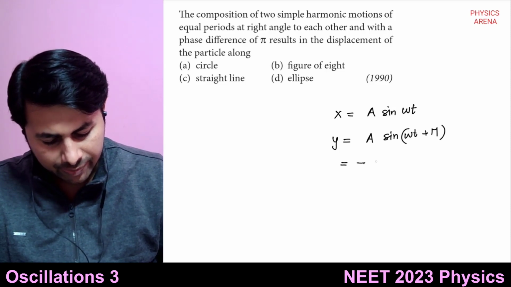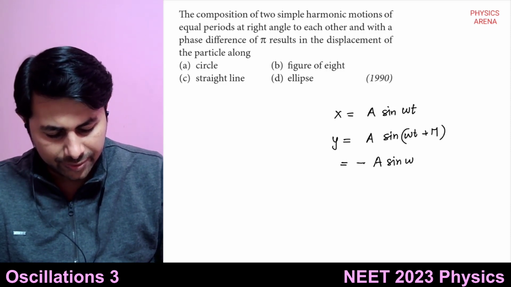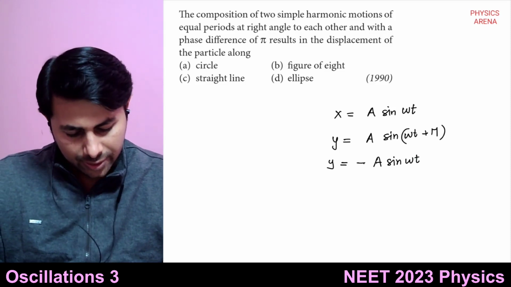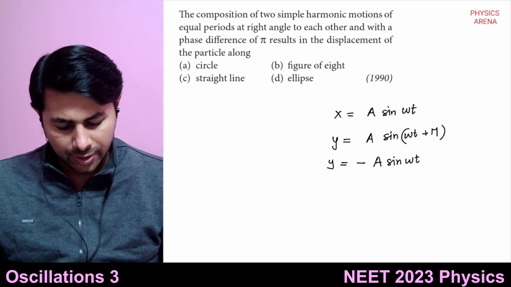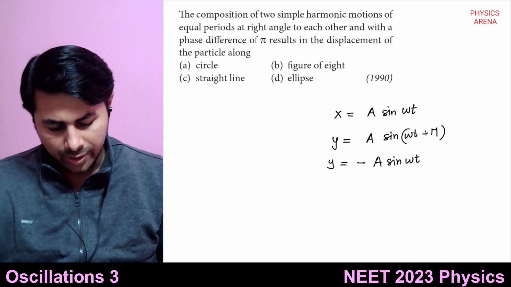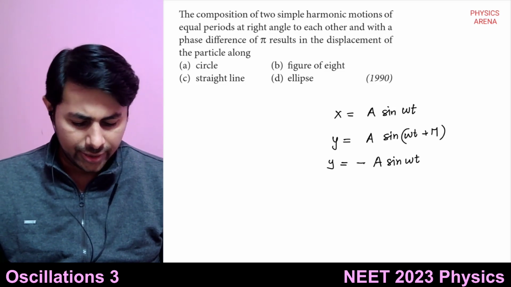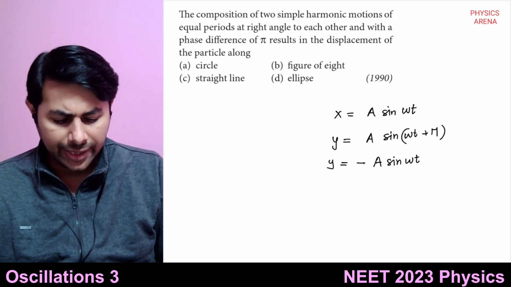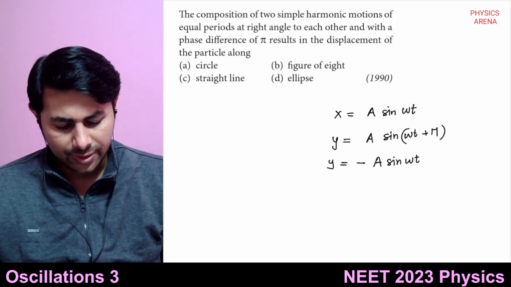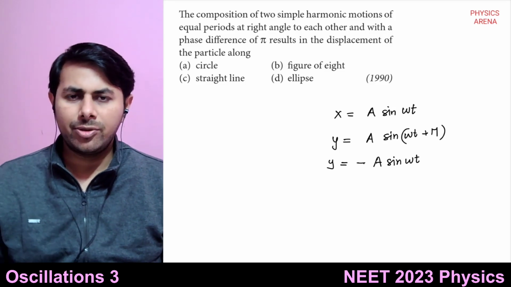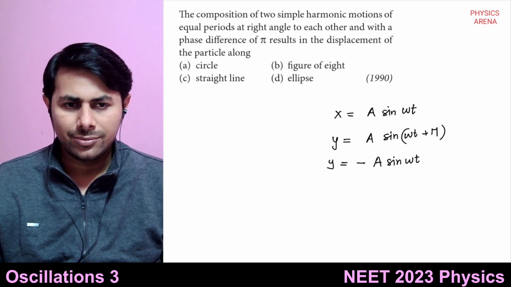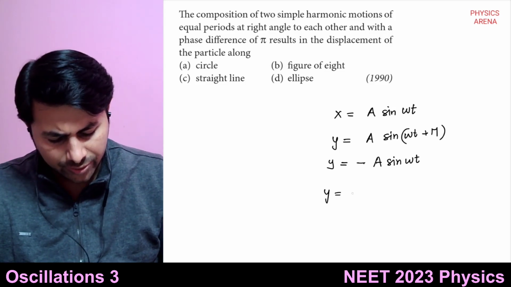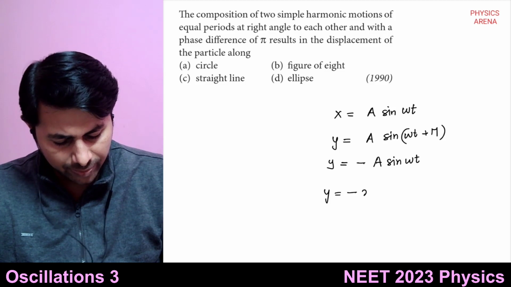That means this is minus a sine omega t. So see here, y is equal to minus a sine omega t, x is equal to a sine omega t. What will be the relation between them? You can say y is equal to minus of x.